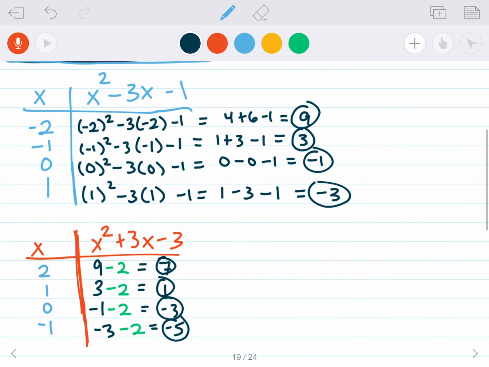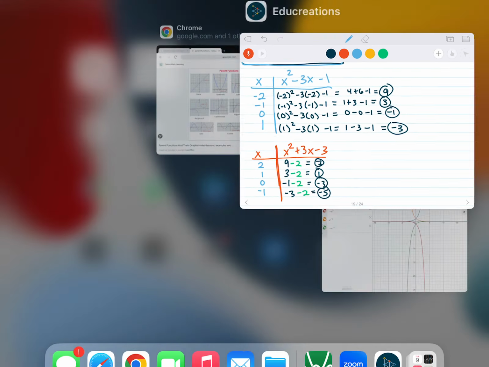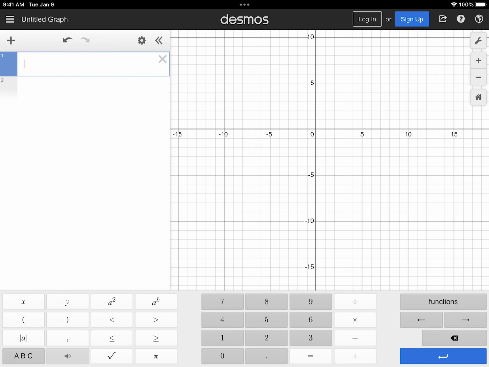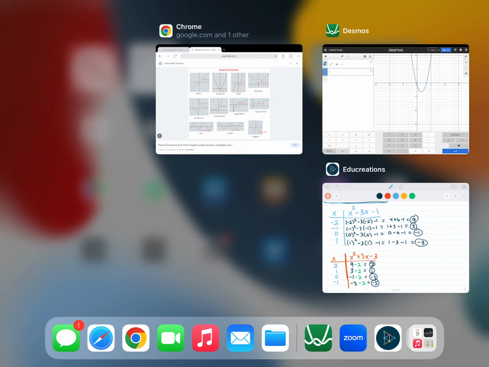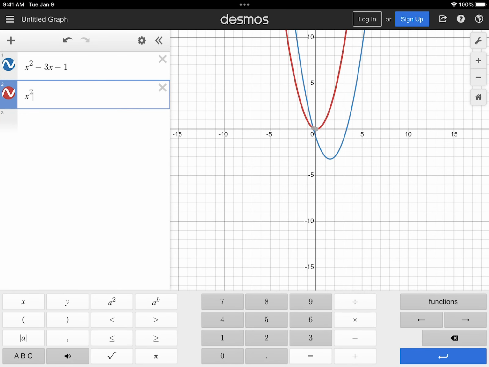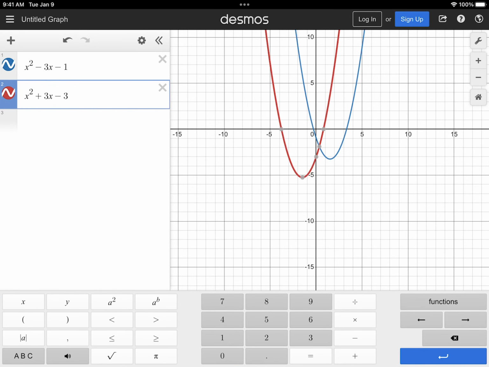And what I'm going to do is use Desmos to look at this. Okay, so there's my parent. And there's my transform function.